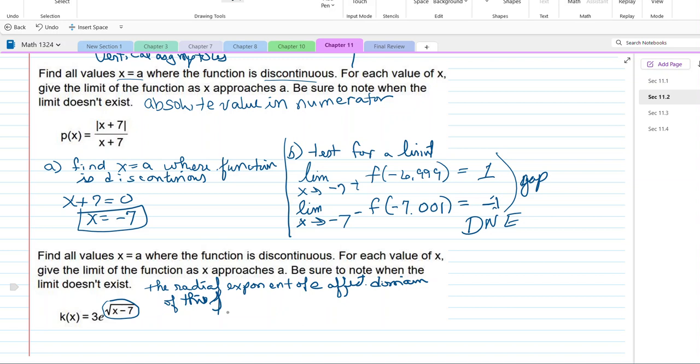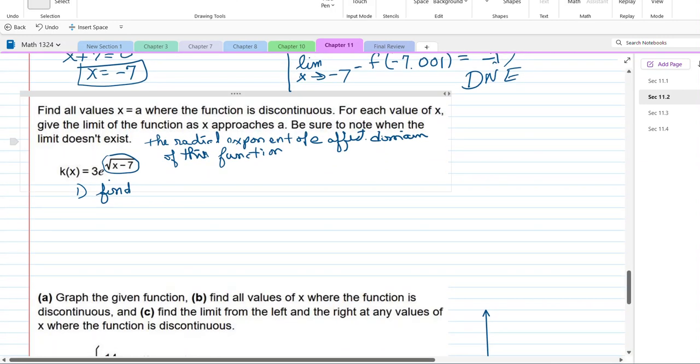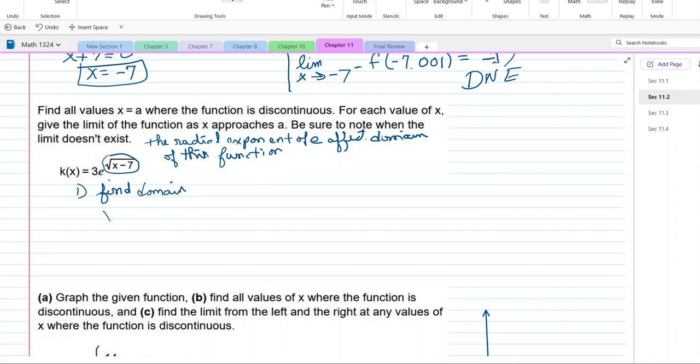So what we have here is the radical exponent that affects this function. So it's limited by that radical. So we're going to set x minus 7 has to be greater than or equal to 0. X has to be greater than or equal to 7. So our domain is 7 to infinity. So any value in between 7 and it has a limit.